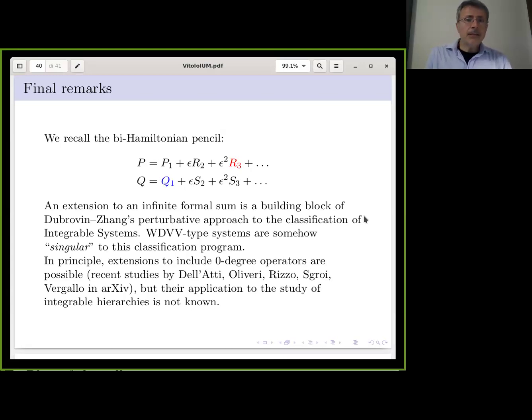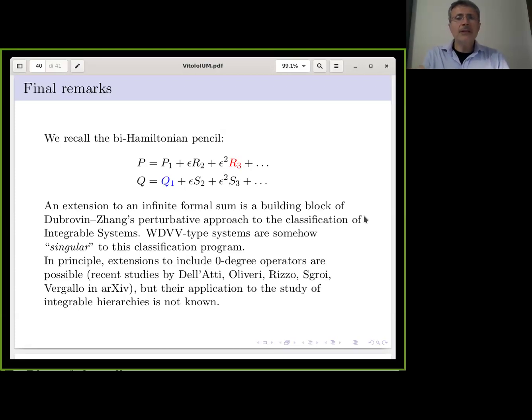Why I am speaking about this is that in principle one could study Bi-Hamiltonian pencils of different shapes. For example, we could use a second-order operator instead of the third-order operator, starting from 0.